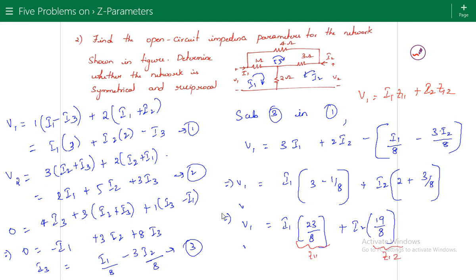Similarly, how are we going to find out the values of Z21 and Z22? By substituting equation 3 in equation 2. So what we are doing is eliminating I3. I am writing I3 in terms of I1 and I2, so that I will get V2 as a function of I1 and I2, right?